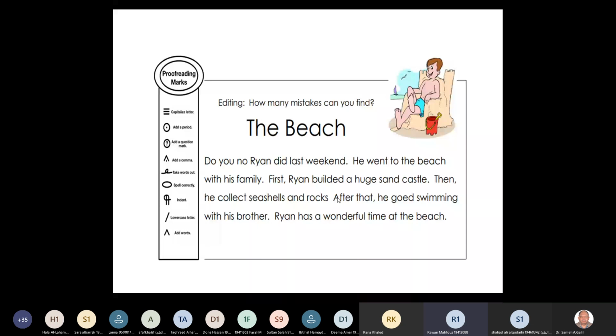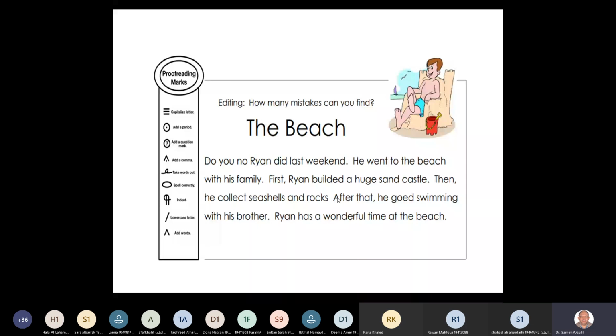The second mistake is go. It should be went. Very good. After that, he went swimming with his friend.